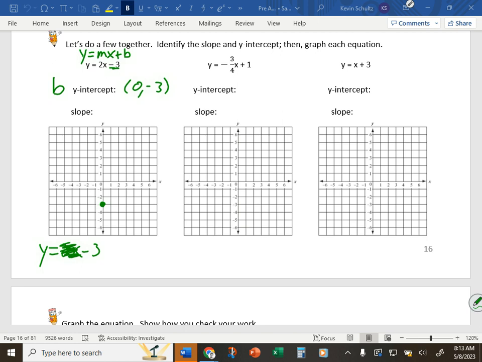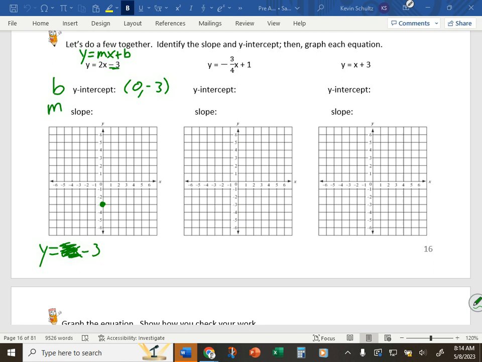Now, we move using the slope. What's the slope here? We see that m has been replaced with 2. How do you write the number 2 as a fraction? 2 over 1.